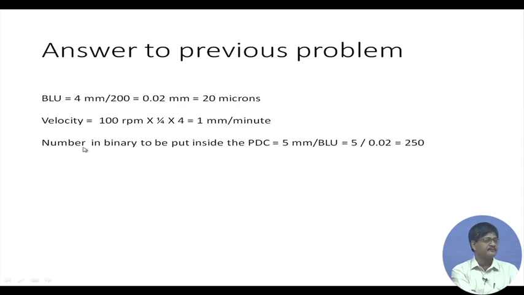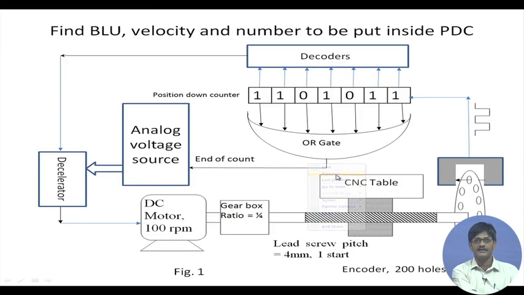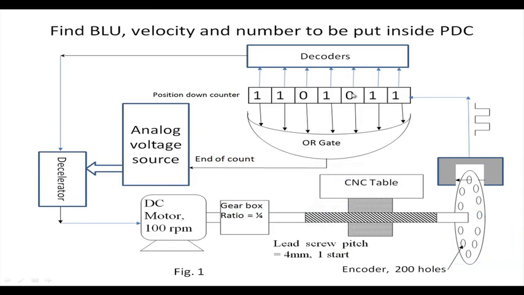Number in binary to be put inside the position down counter. 5 millimeters of movement have to be realized and one basic length unit is 0.02. Therefore, 250 should be residing inside the position counter. Let us see, this is the position down counter.